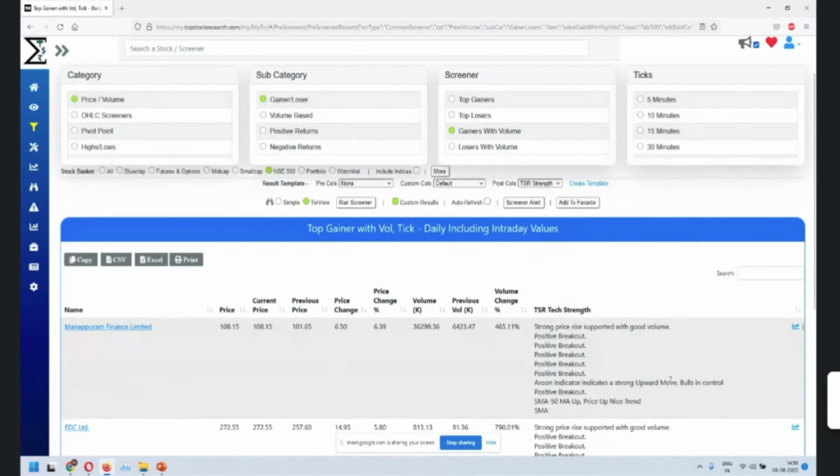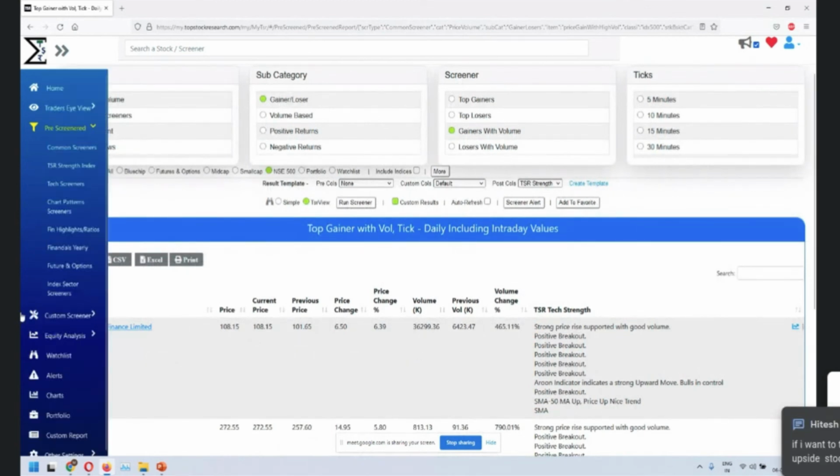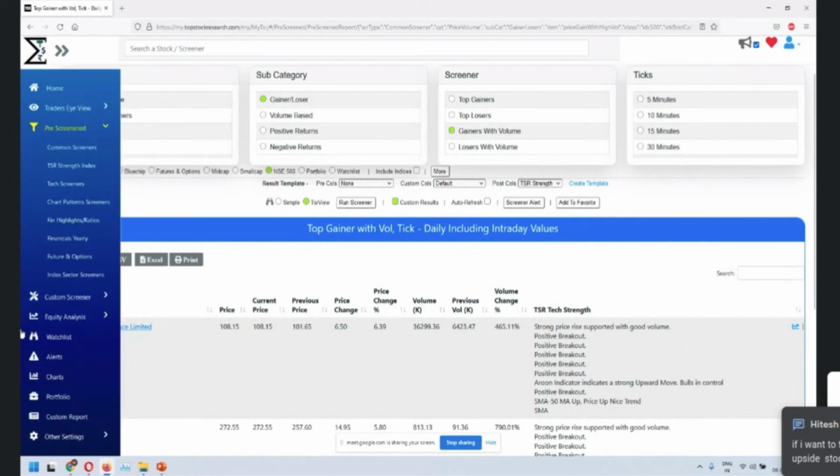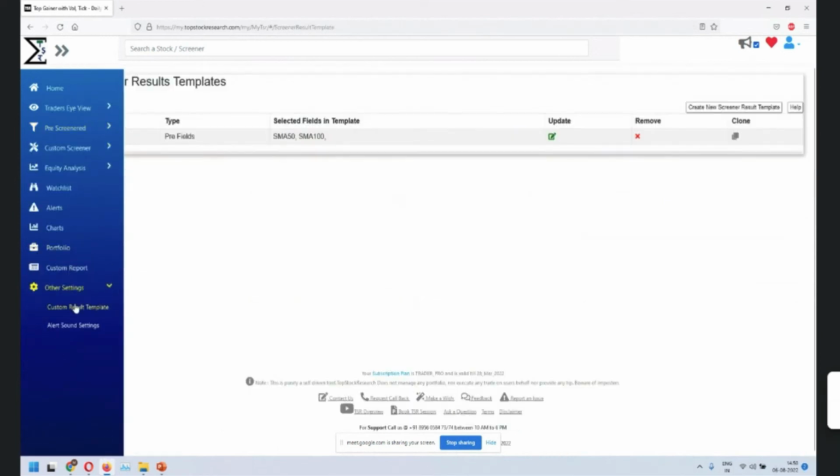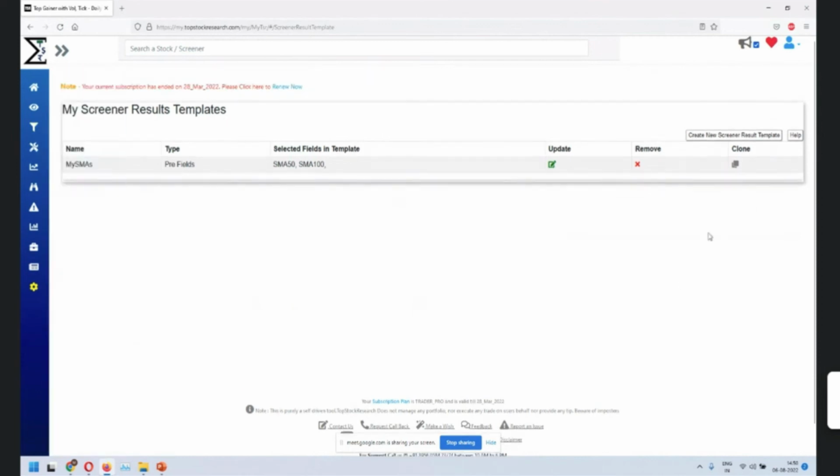Now, can you customize the search results? Yes, right. The way we do a watchlist, you have the same thing here. So let's quickly create a search result template. Go to other settings, go to custom result template. This is where you can create a template, right?